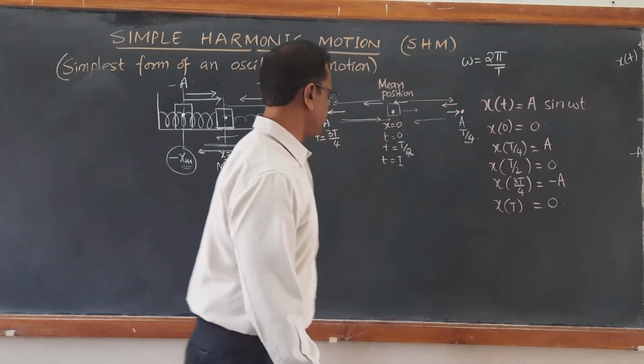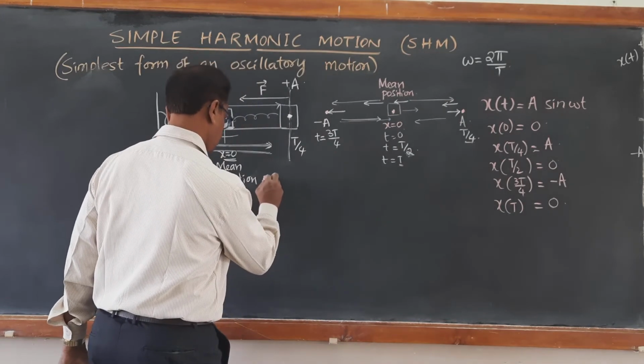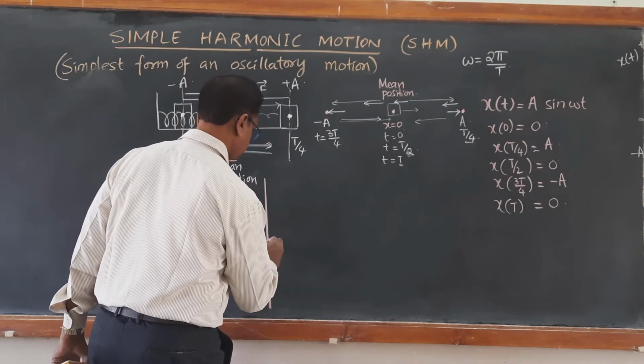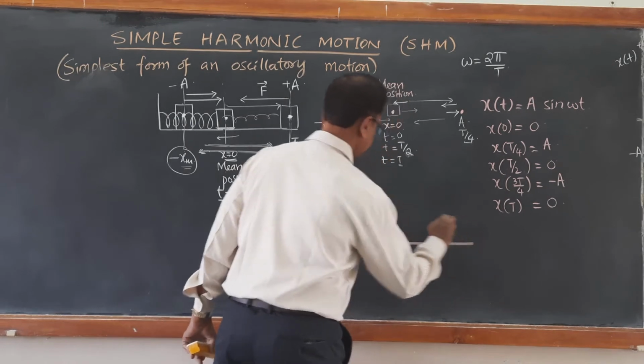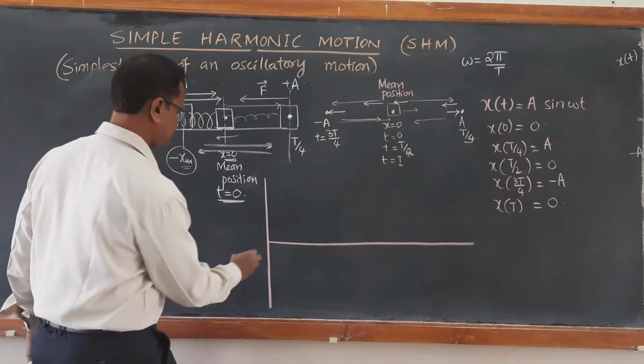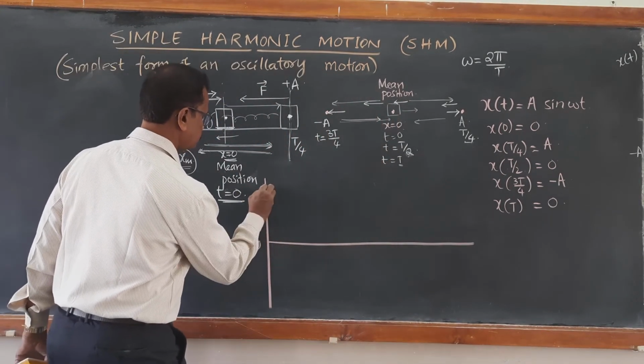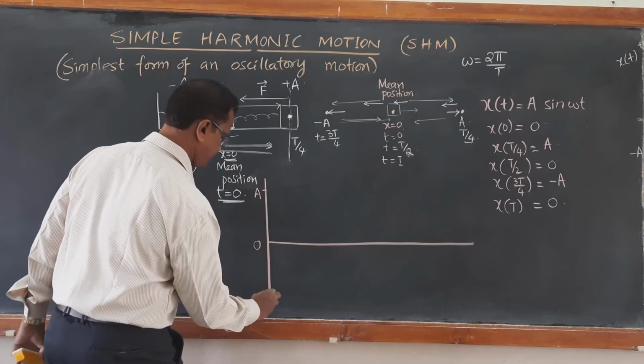So if you draw the graph of this, we get a sine curve, with same amplitudes, plus a and minus a.